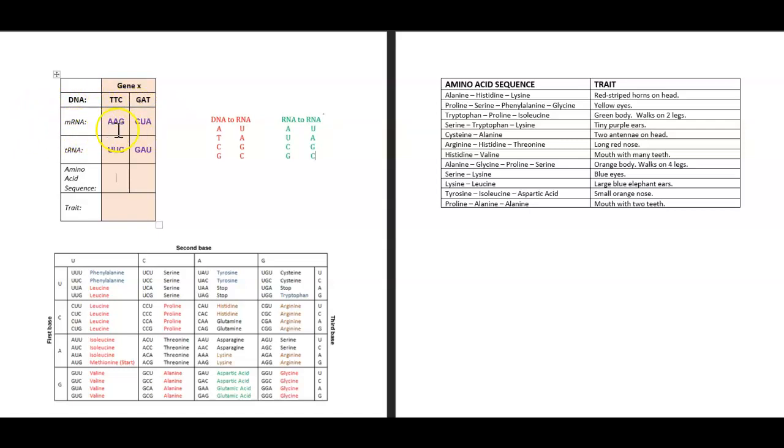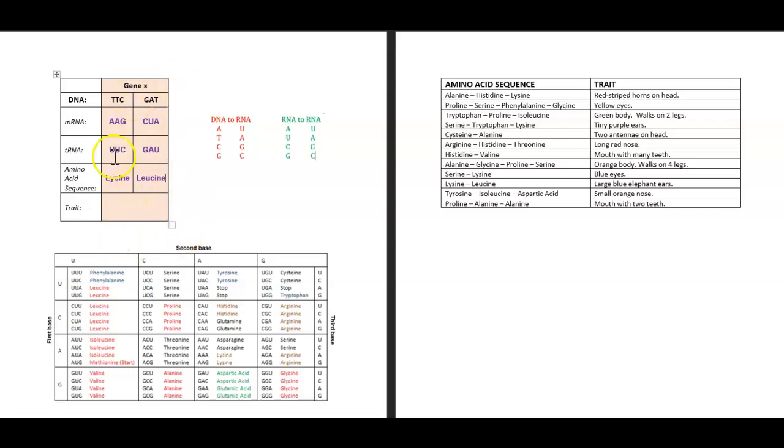Our first one is AAG. AAG is lysine, so this codes for lysine. Then again, looking at the mRNA, CUA is leucine. So now our code is lysine, leucine.